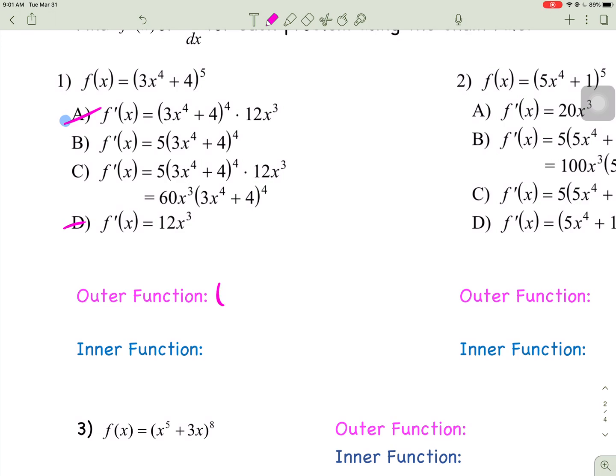It's something to the fifth. What's the inner function? Well, that's 3x to the fourth plus 4. So the derivative of the inner function is pretty easy. It's 12x cubed. The constant goes away. Okay, that's good. And the derivative of the outside is 5, keep the inside to the fourth. So that leaves us with c.